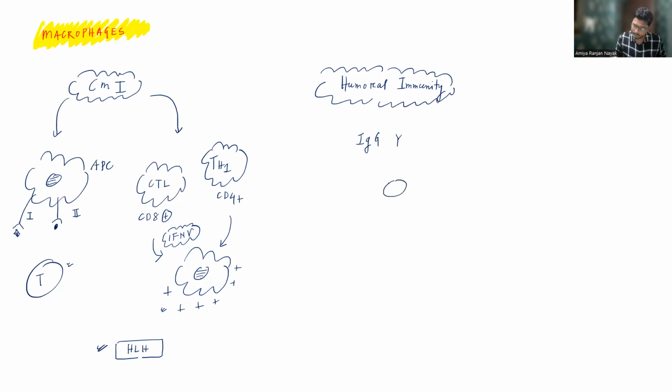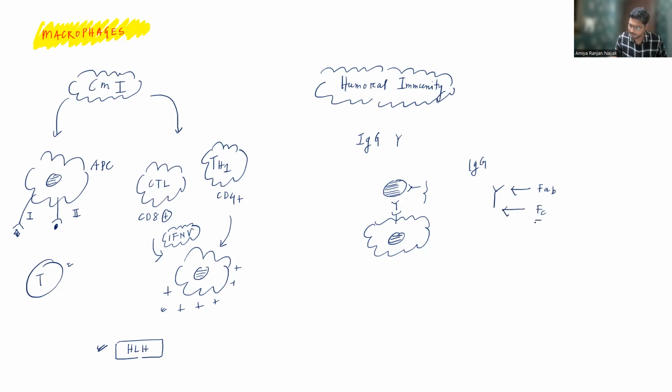They can bind to antigens and opsonize them, and these molecules can then be identified by the macrophages, because macrophages have the Fc receptor for immunoglobulin G. The immunoglobulin G molecule has a FAB portion, the antigen binding portion, and an Fc portion, the constant region.